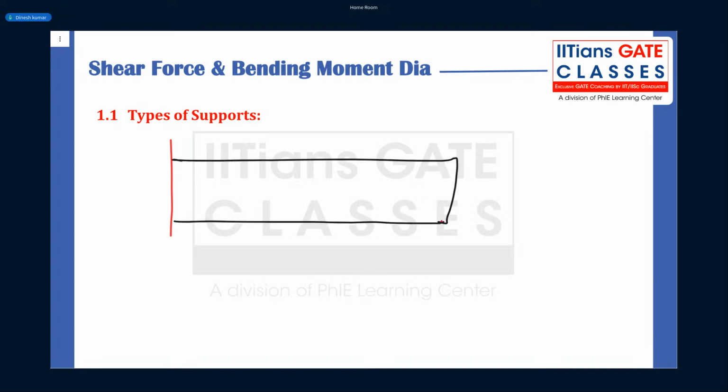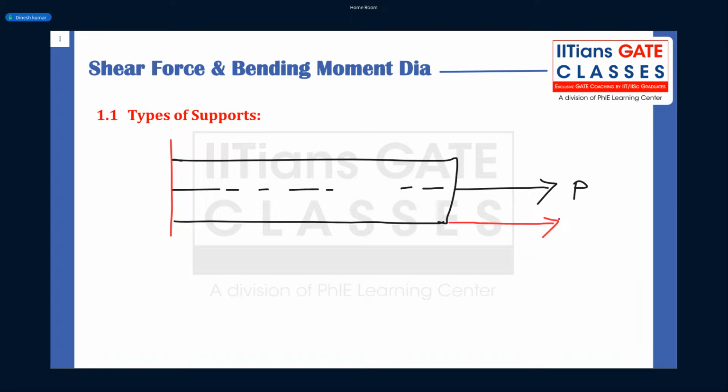So initially this axial load is applied along the axis, right? Suppose this is P. Now instead of this, what I am doing is applying it on this circumference. What is going to happen?